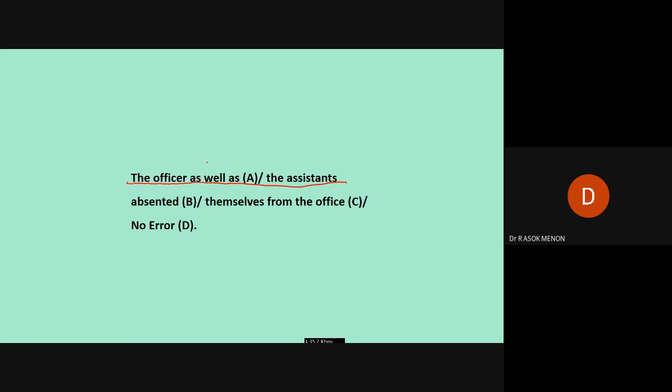Here you have seen the conjunction as well as. What does as well as mean? Does it mean and? The officer and the assistants. Is it correct? No, it is not. It is not and. Then what is it?